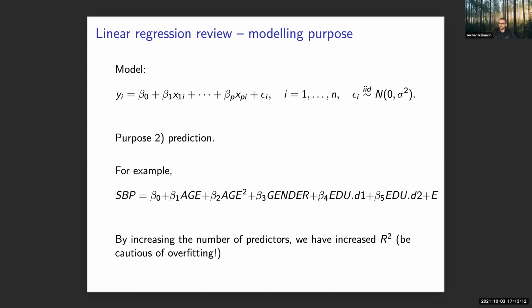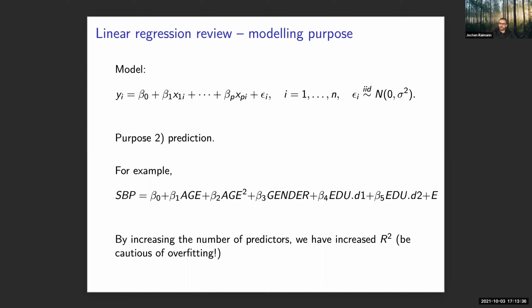So you can extend the number of covariates and include, in addition to age, also age squared, because you assume a nonlinear relationship. You include gender, you include EDU D1 and EDU D2, whatever you think is important to increase the accuracy of your estimate.